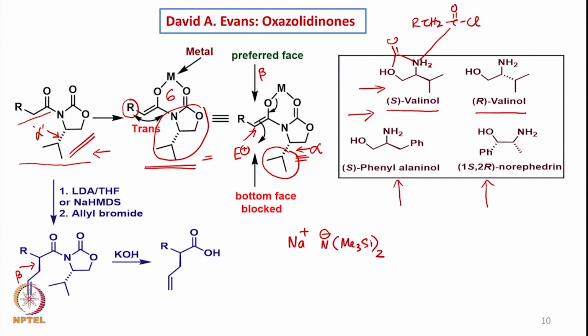Then we can hydrolyze it with the base, and the hydrolysis takes place here and we get the corresponding acid in a very high enantioselective pure product. Of course the auxiliary comes out and you can recycle the auxiliary. So this is how the enolate reacts with an electrophile in an alkylation fashion.